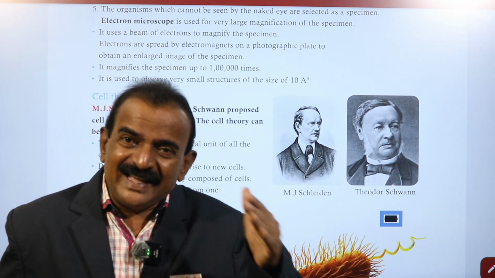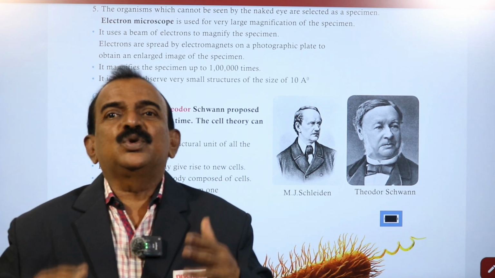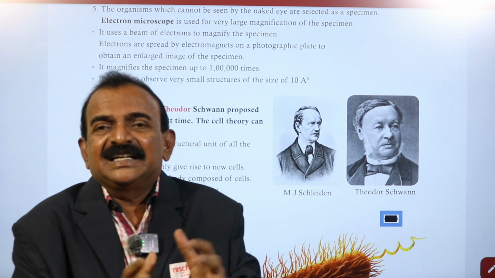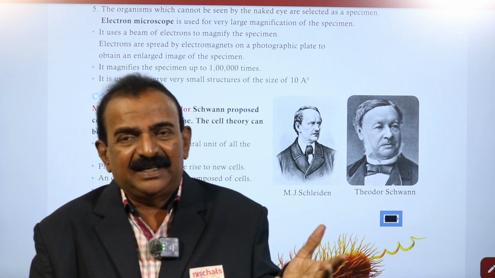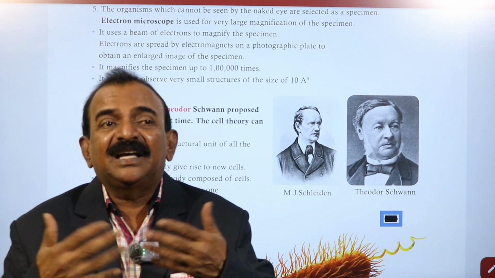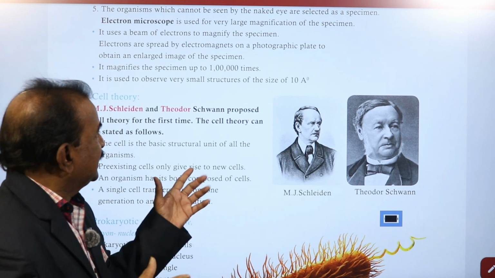When pre-existing cells are present, new cells are formed, and these pre-existing cells undergo mitotic cell division and finally give rise to new cells. That was the theory proposed by Schleiden and Schwann.